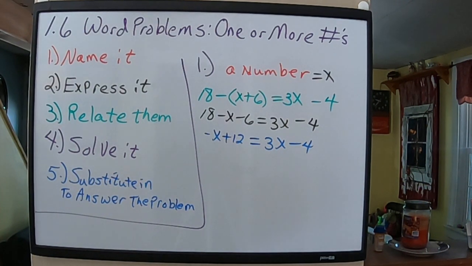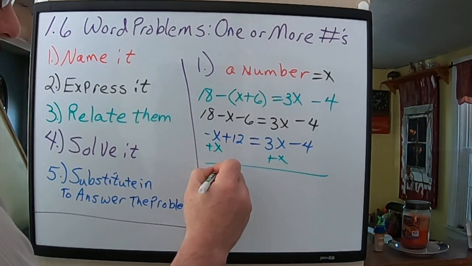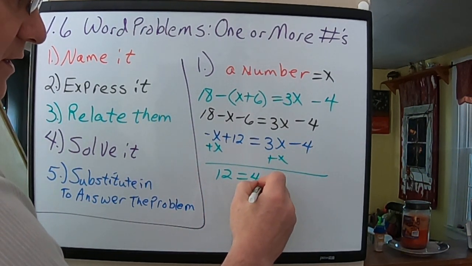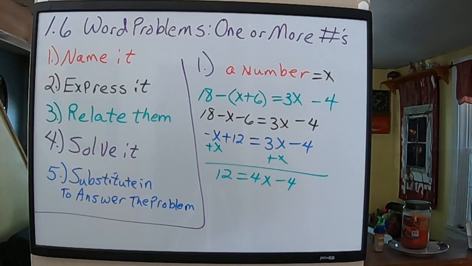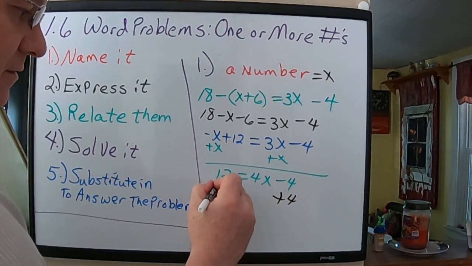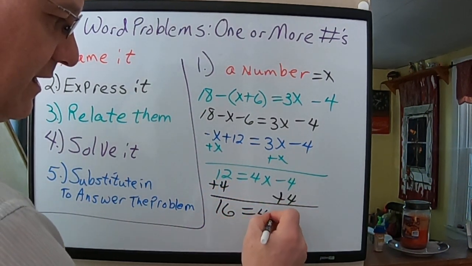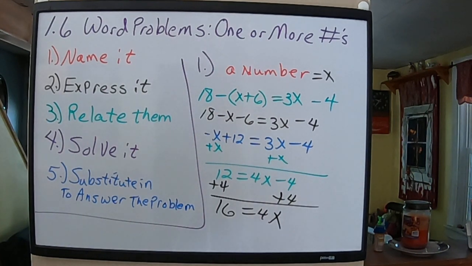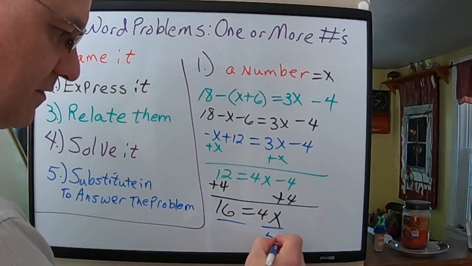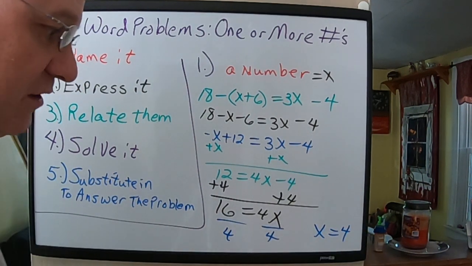I'm going to go ahead and add x to both sides. So I have 12 equals 4x minus 4. I'm going to add 4 to both sides. So I get 16 equals 4x. Now I'll finish it off by dividing both sides by 4. X is 4. I've solved it.